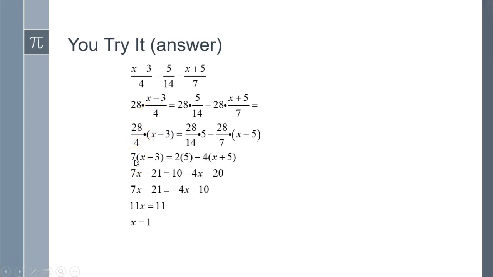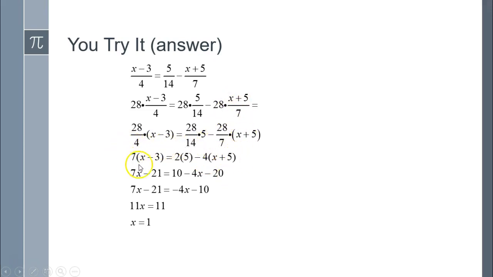So in this case, I get a 7 times my x minus 3. On the right side, 28 over 14 becomes a 2. And that leaves me with the numerator of the original, so that's times 5. And here 28 over 7 becomes a 4. That's times x plus 5.